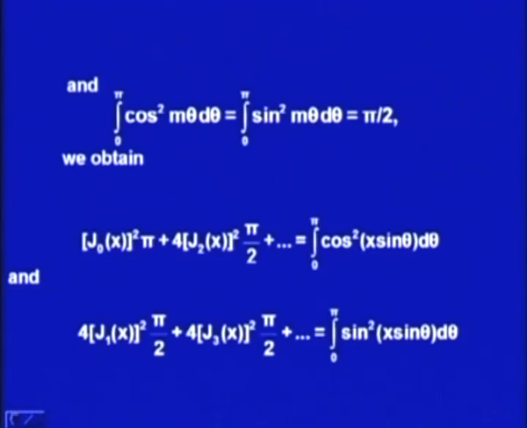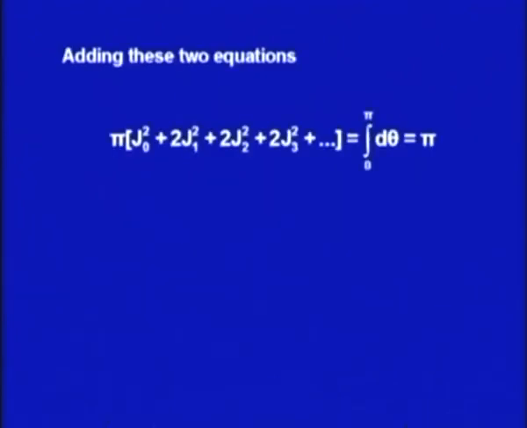On adding these two equations, we get pi into J naught square plus 2 times J 1 square plus 2 times J 2 square plus 2 times J 3 square and so on equal to integral 0 to pi d theta, because cos square (x sin theta) plus sin square (x sin theta) is 1.